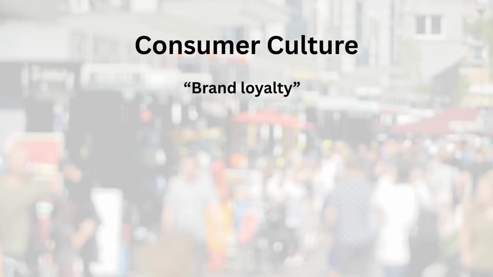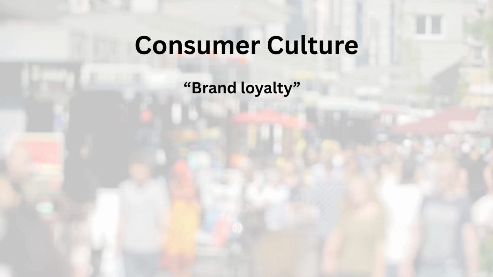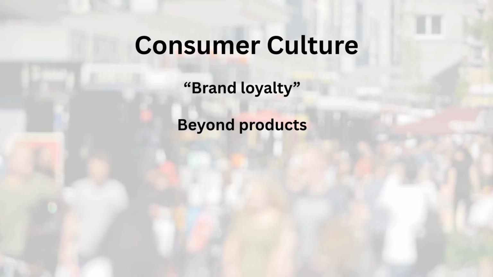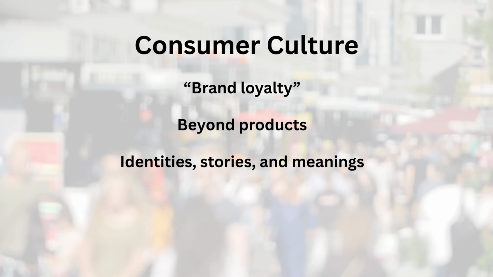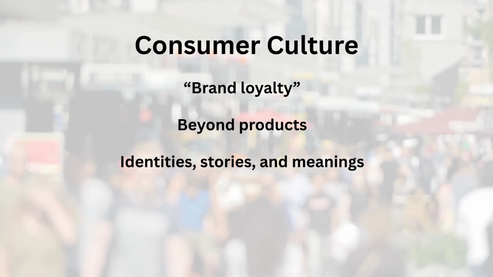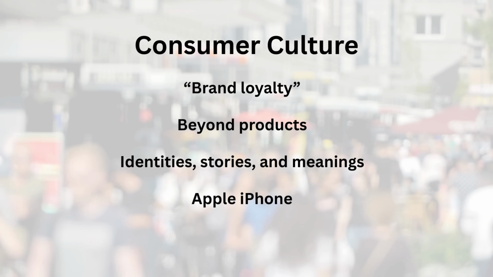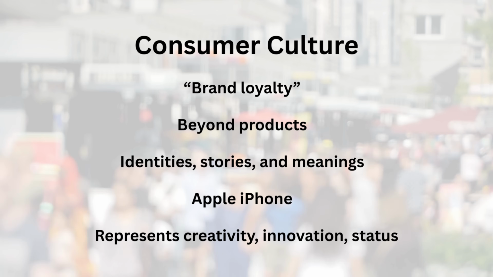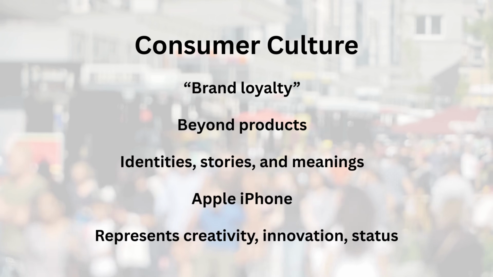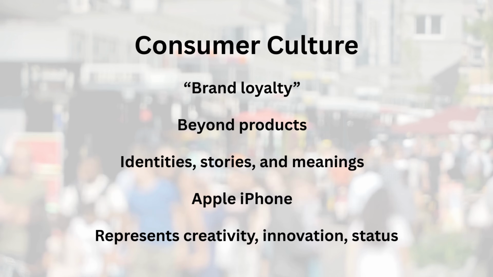Let's say you were looking at consumer culture. Think about brand loyalty. Postmodernism suggests that consumers aren't just buying products, they're buying identities, stories, and meanings. So somebody buys an Apple iPhone not just for a phone, but for what that brand represents: creativity, innovation, status.